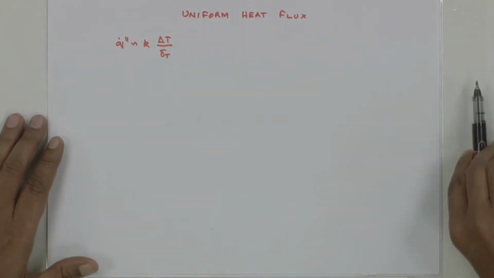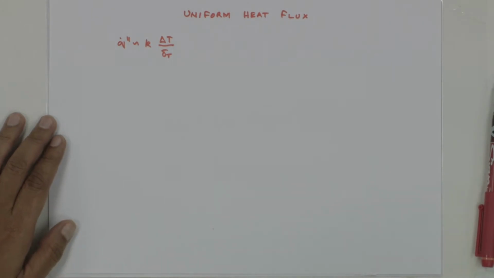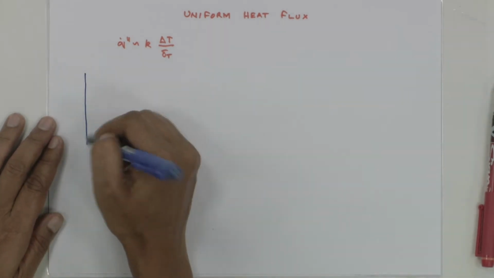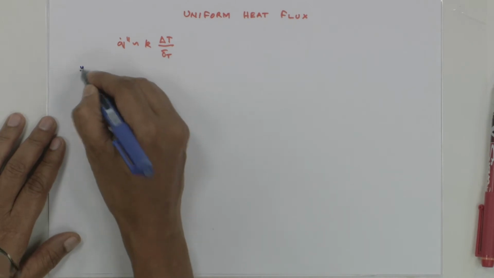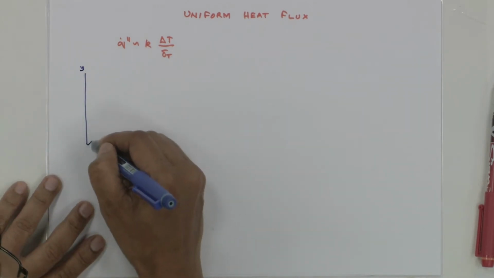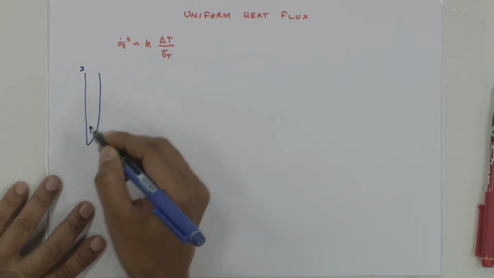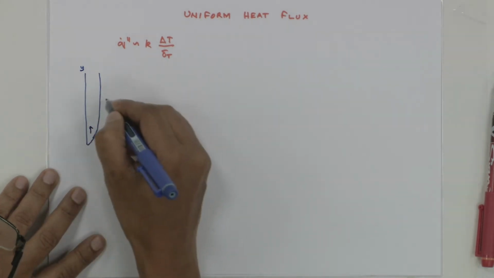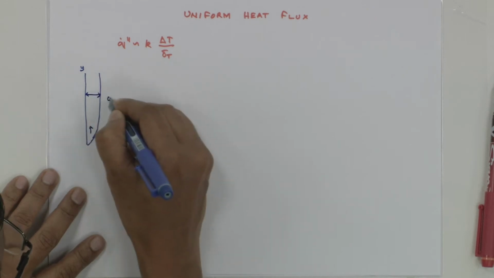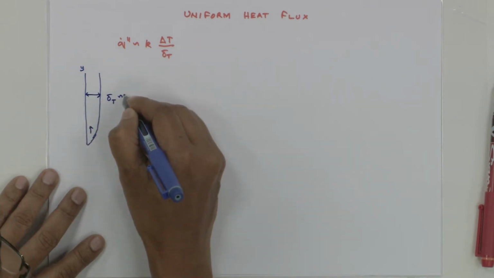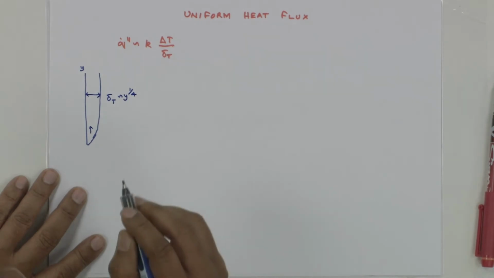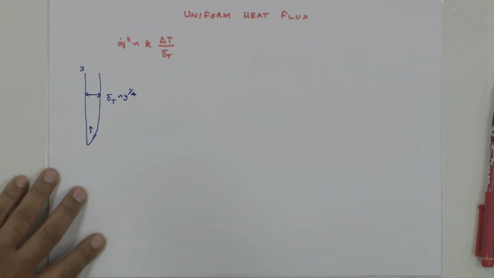This is the scale. If you take a vertical plate, this is Y and this is my boundary layer, and the flow is in this direction. You can see that delta T is of the order of Y to the power of 1 by 4, H Ra_H to the power of minus 1 by 4.